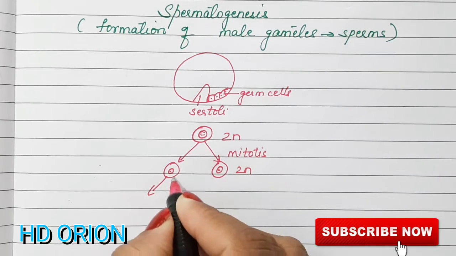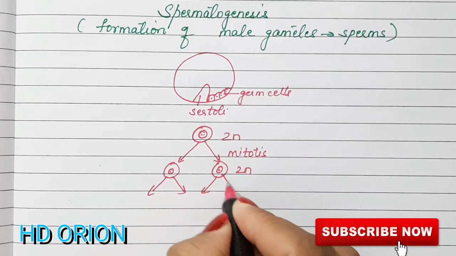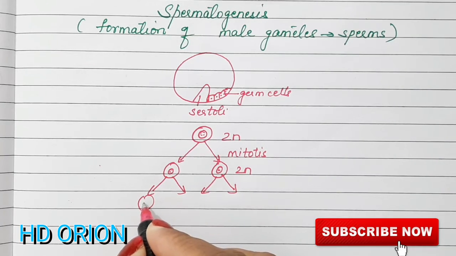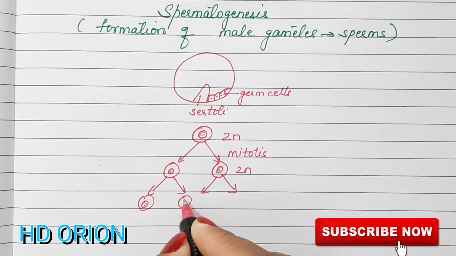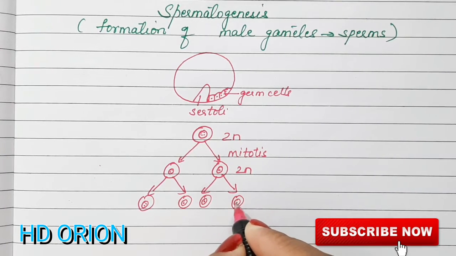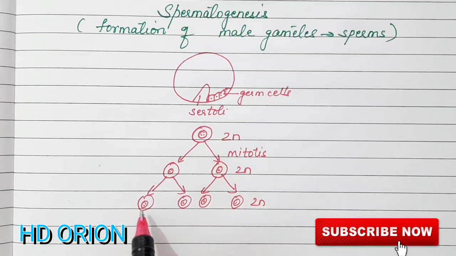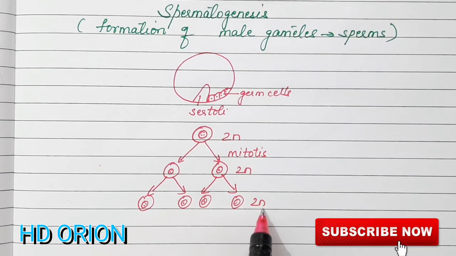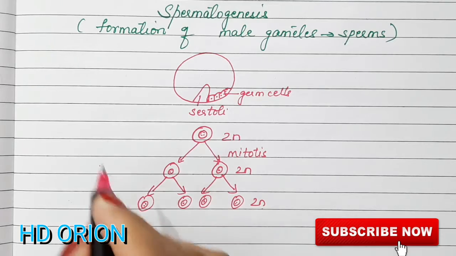And this will again divide and form more daughter cells, and since each division is mitotic, the daughter cells are also diploid.